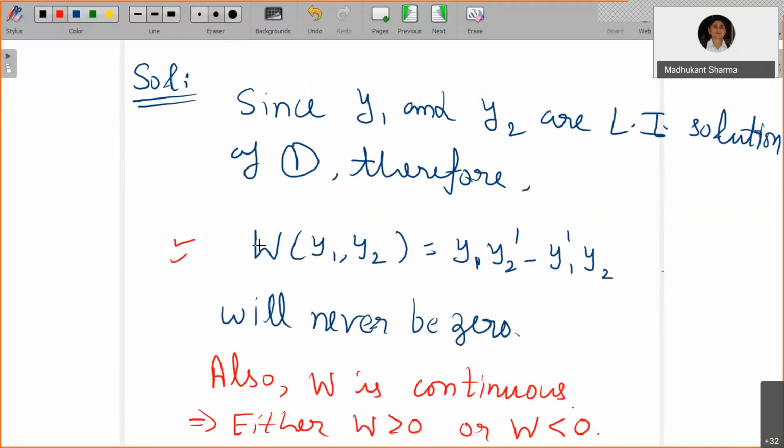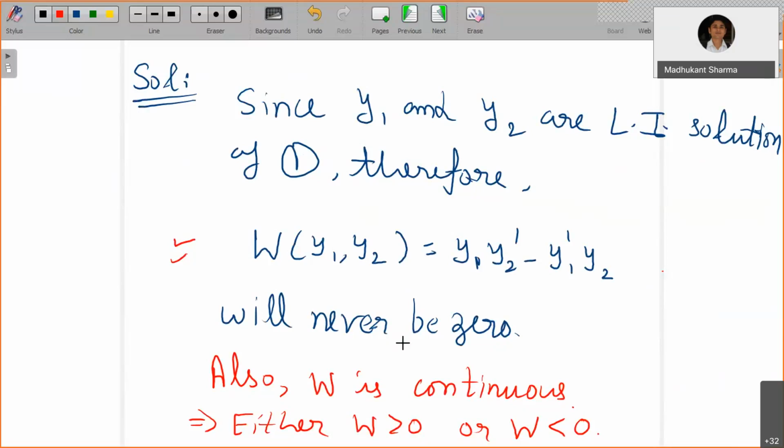Further, since y1 and y2 are solutions of a second order differential equation, they are twice differentiable, so the first derivatives and the functions are continuous, so W becomes a continuous function. W is continuous because a product of two continuous functions is continuous and a sum of two continuous functions is continuous.